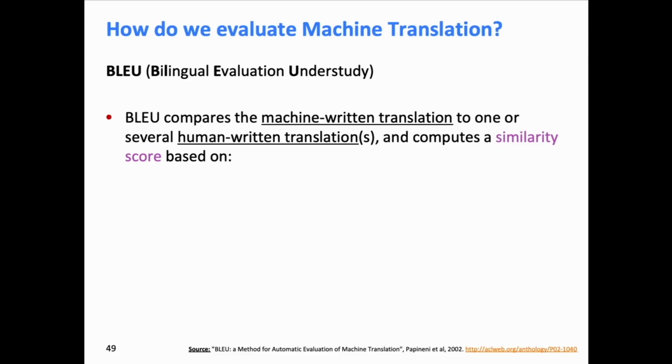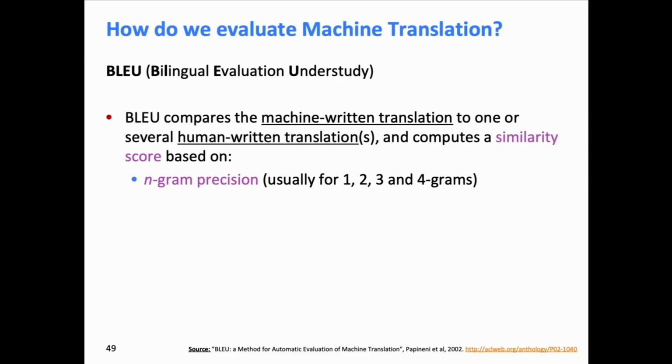And then it's going to compute a similarity score that's based on n-gram precision. When I say n-gram precision, I mean you're going to look at all the 1, 2, 3, and 4 grams that appear in your machine-written translation and your human-written translation. And then n-gram precision is basically saying, for all of the n-grams that appeared in the machine-written translation, how many of those appeared in at least one of the human-written translations.